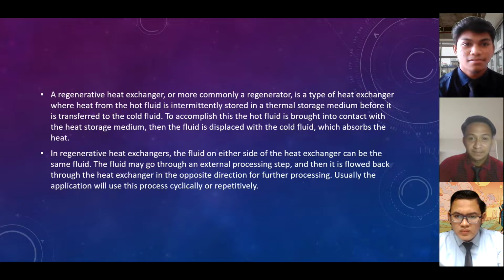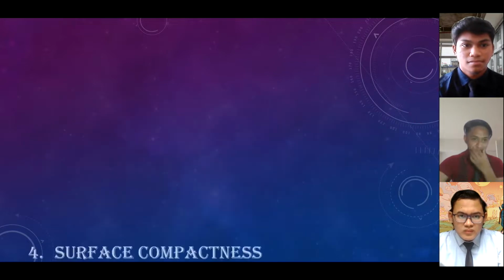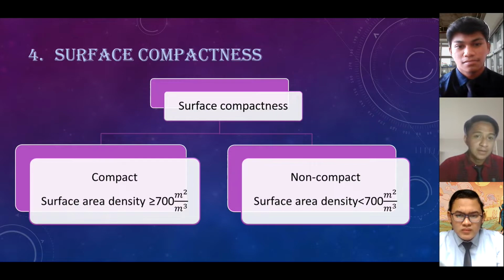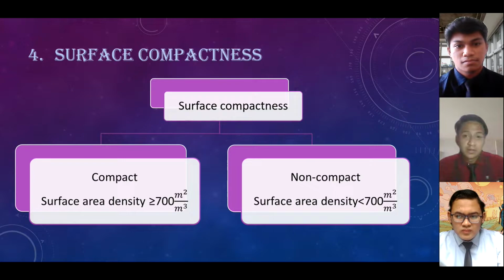Next one. Surface compactness. For a compact surface, the surface area density is more than or equal to 700 m² per m³.